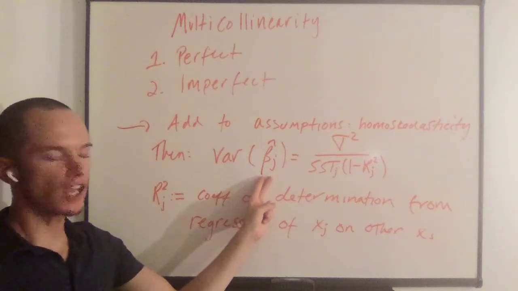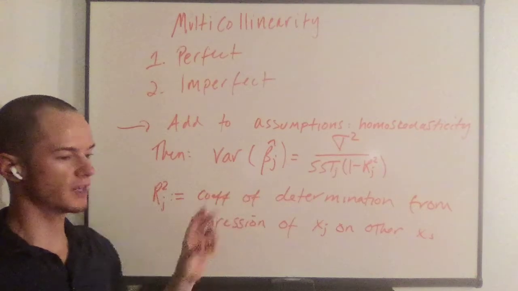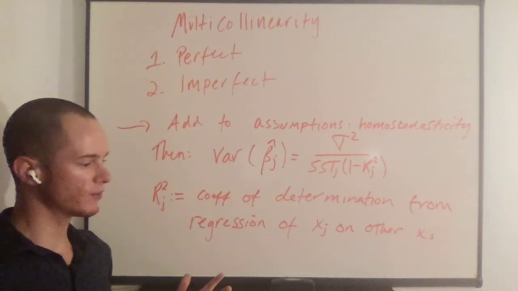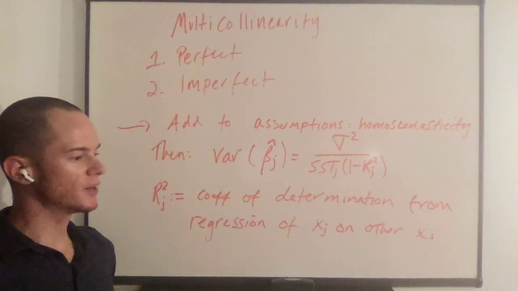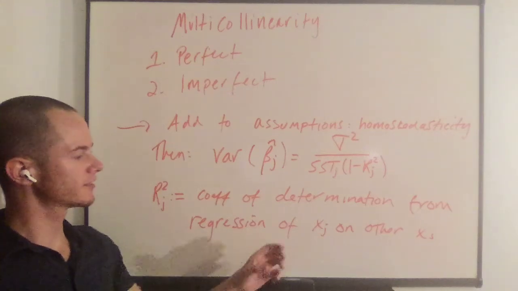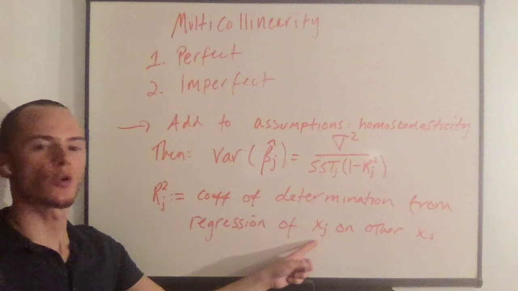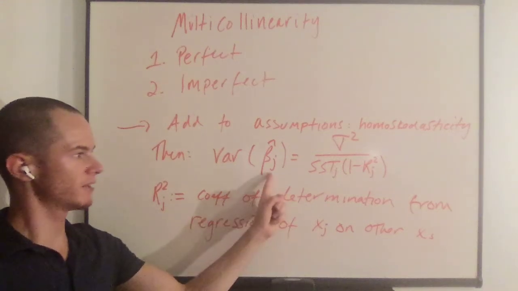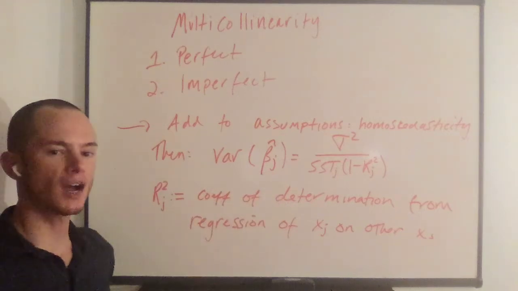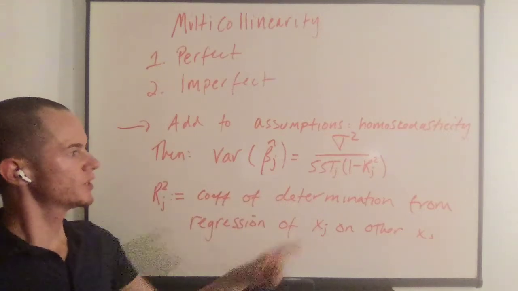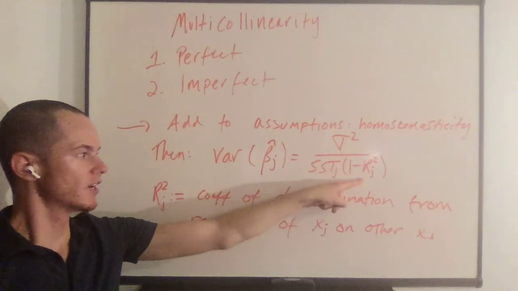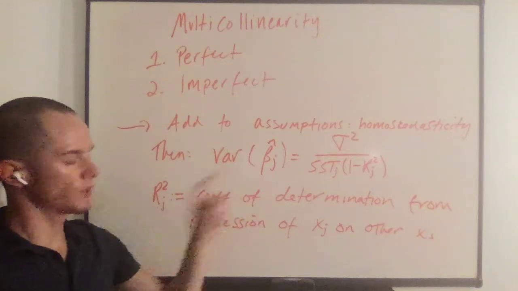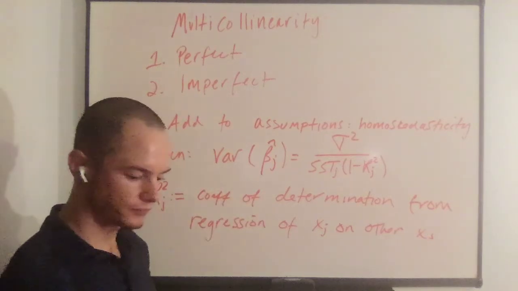If there's a strong linear relationship between xj and the other variables, then there's not going to be much variation left in xj once you hold all the other variables constant with which to identify this beta j. And so you're going to end up with an imprecise estimate, which is why when this r squared j is close to 1, then this variance is very large. You get that imprecise estimate.